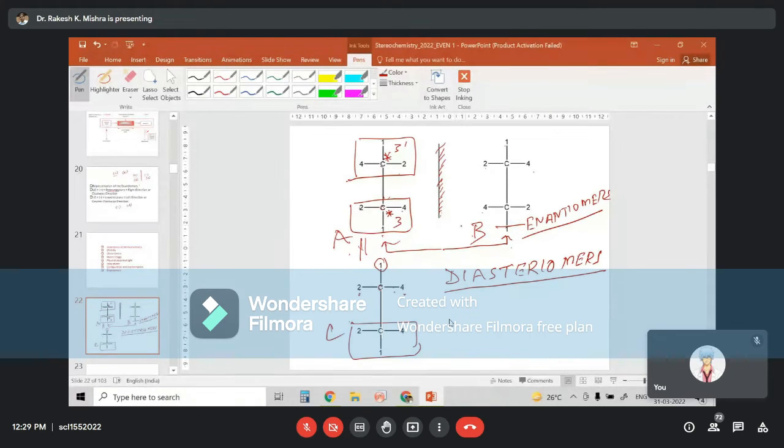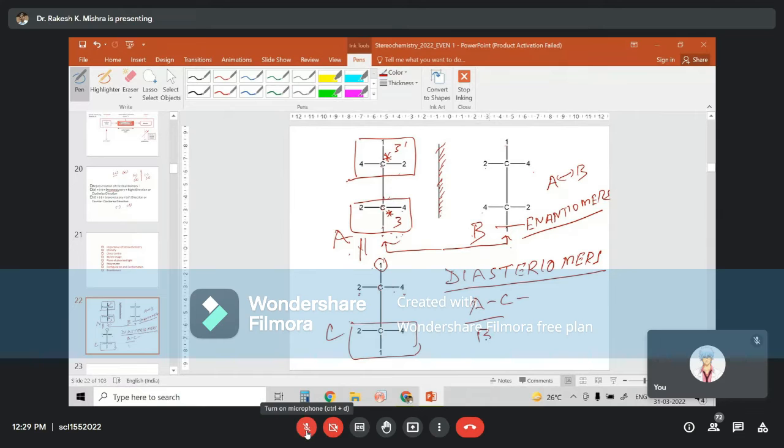So the relation between these is a simple question. Suppose I draw A, B, and C and ask what the relation is between A and B, and A and C. A and B are enantiomers. What about A and C? You told me they are diastereomers.